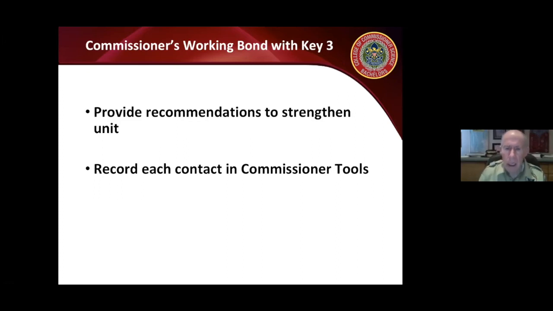And then again, those visits, those contacts, might be a text, and it might be a visit in the grocery store, visit to the unit. Whenever a contact is made, unit commissioners, the commissioner tool should be used.